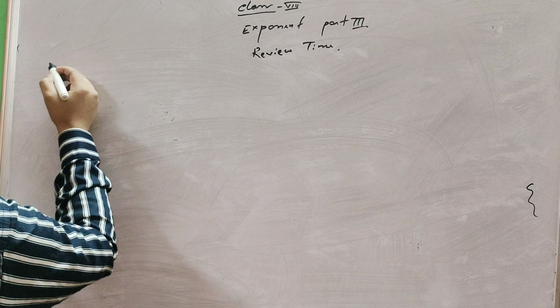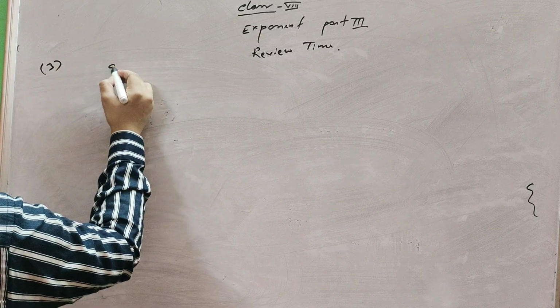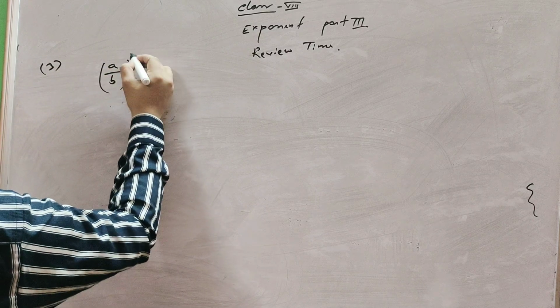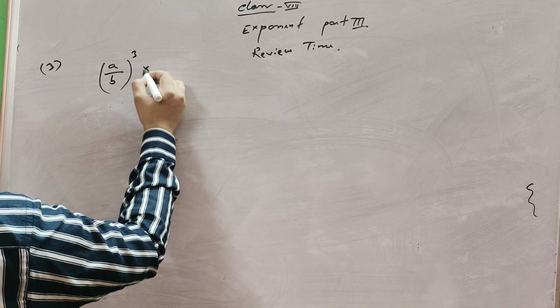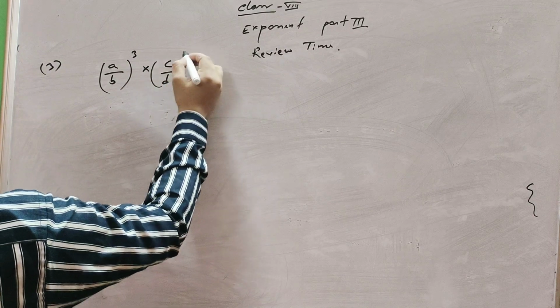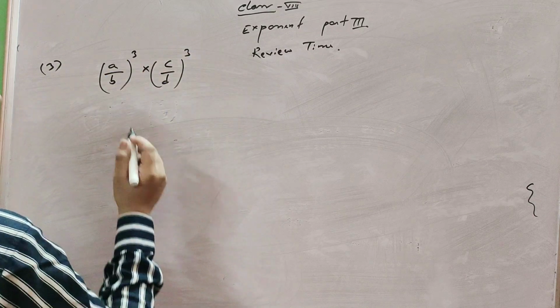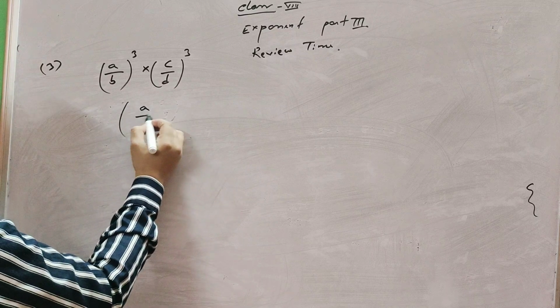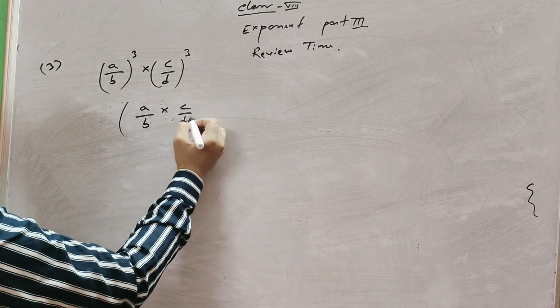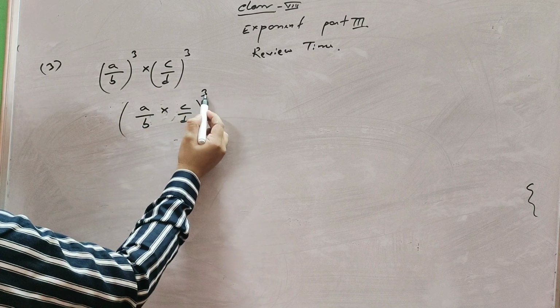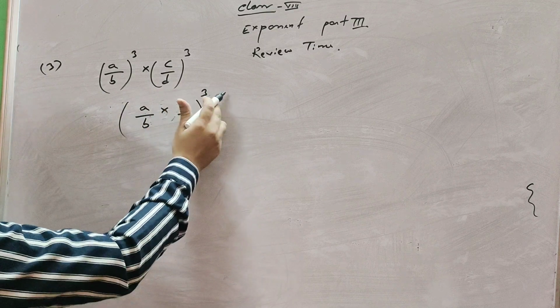Question number 3, given (a/b) to the power cube, and here is (c/d) to the power cube. When we solve that, what do we get? First of all, we write this one, (a/b) into (c/d) to the whole power cube. That means this cube also for this one, and this one, and this cube also for this one.